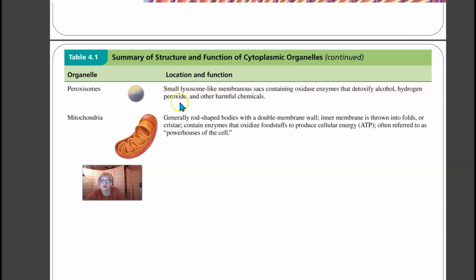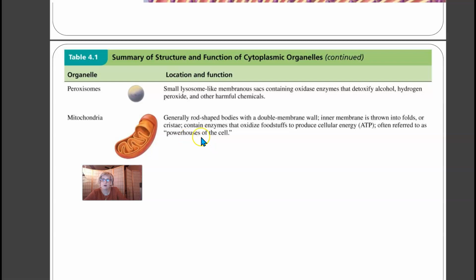Lysosomes are suicide cells. They digest worn out cell parts. Peroxisomes are a bit smaller than the lysosomes, and they detoxify alcohol, they have hydrogen peroxide, and they detox harmful chemicals. Mitochondria, I already told you a million times, so you should know by now. Hopefully it'll stick with you. Powerhouse of the cell, we're making ATP.